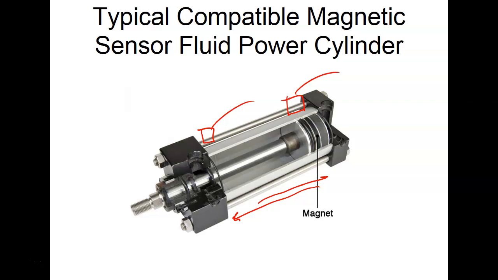system all the time. The actual cylinders can be plastic or aluminum. All ours over there are aluminum that I know of, and aluminum does not impede a magnetic field a lot. So we can actually sense the position of the piston, whether it's fully extended or fully retracted, which is what most of our cylinders over there on the manufacturing line do.